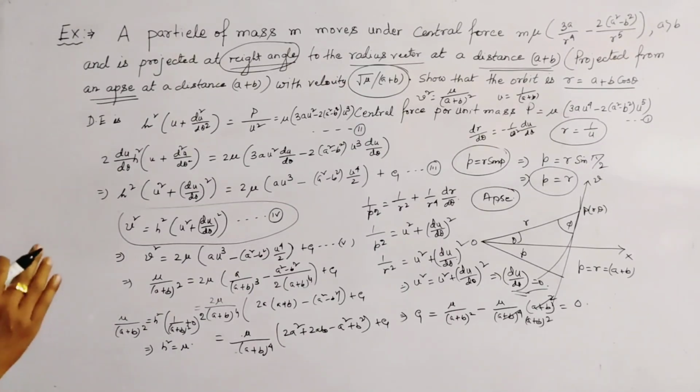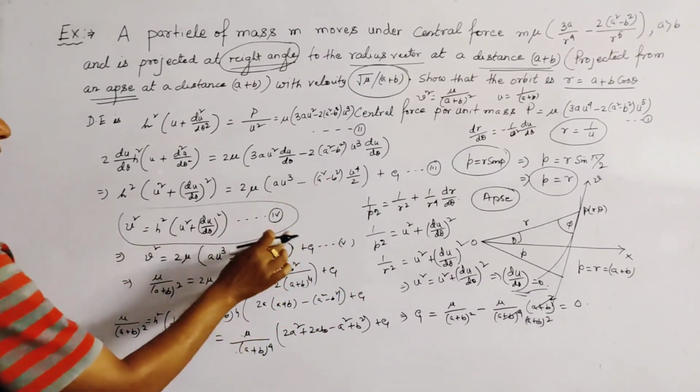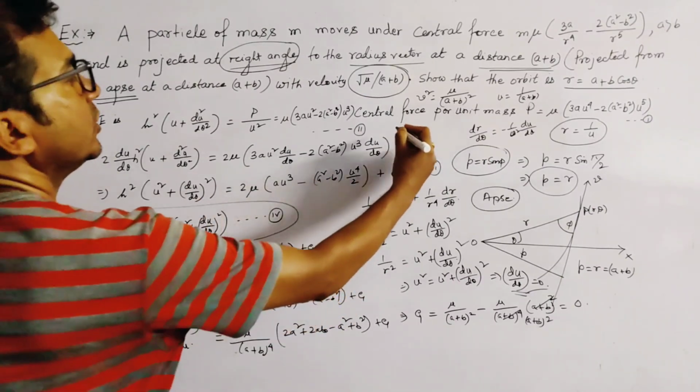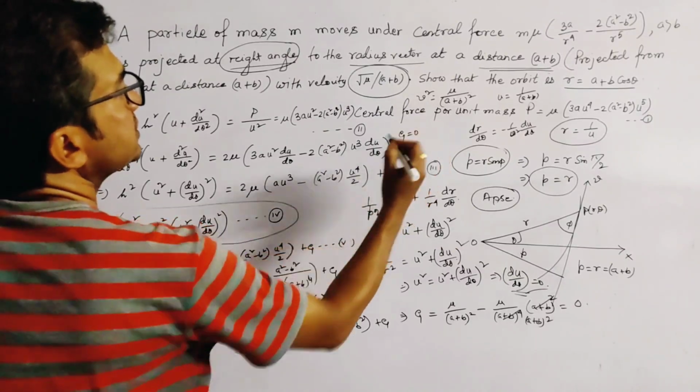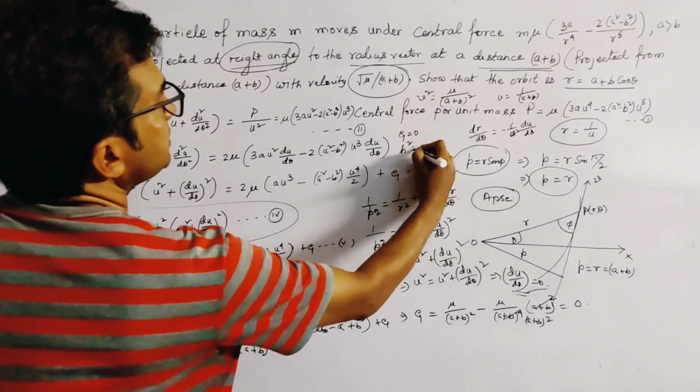Clear? So we get two results from 3 or from 4 and 5. The first result is c1 equal to 0, and the second result is h square equal to mu.